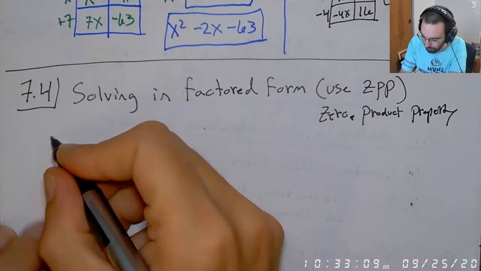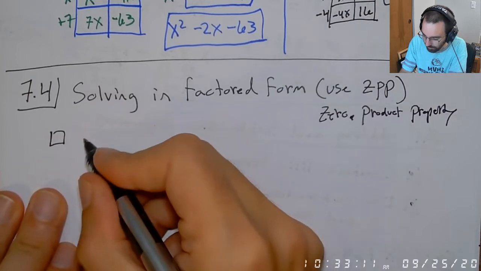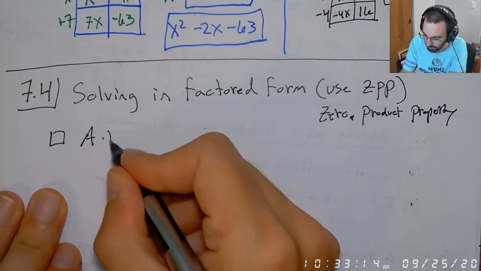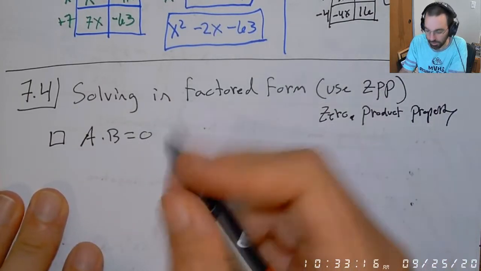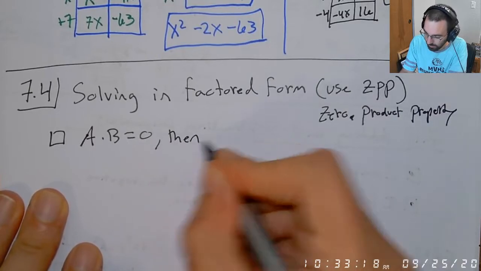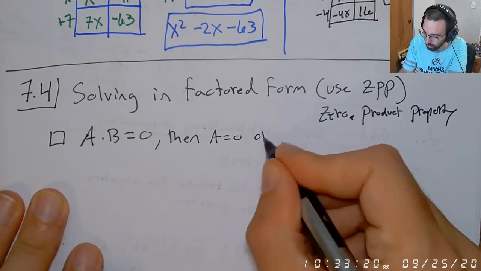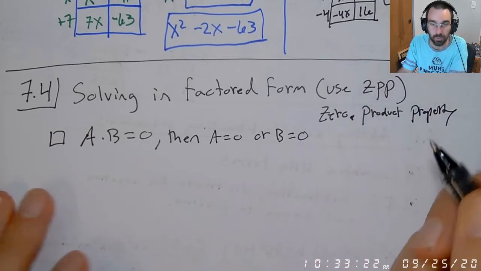Okay, so just remember, if you have 2 things equal to 0, then A equals 0 or B equals 0, right?